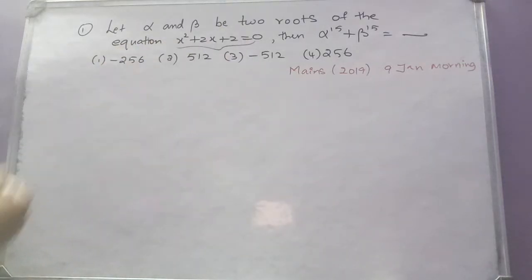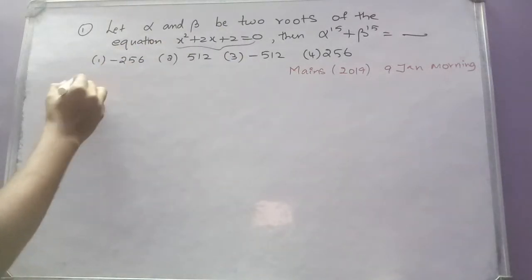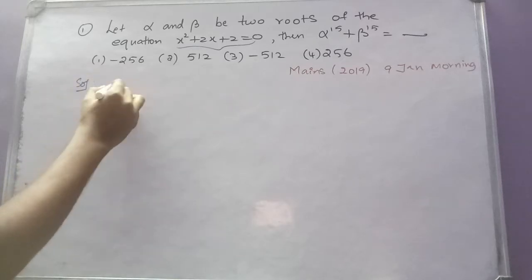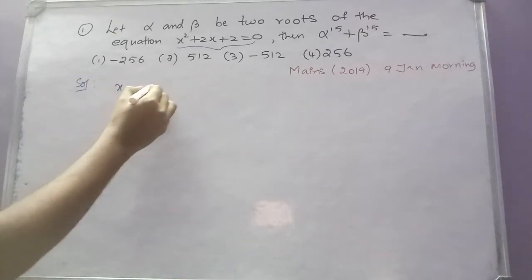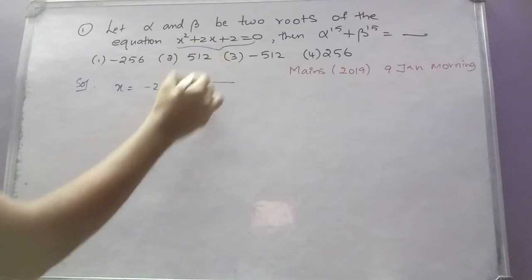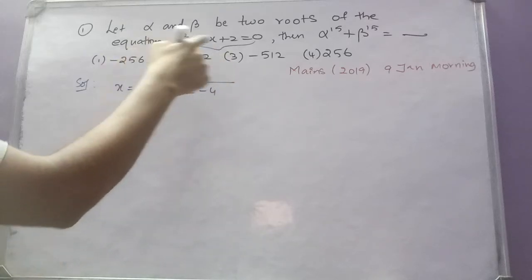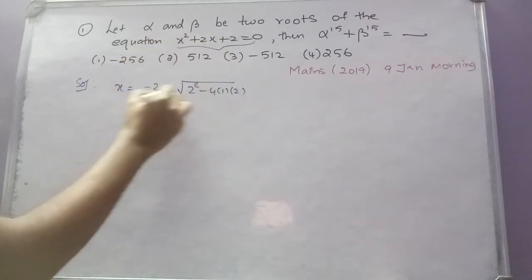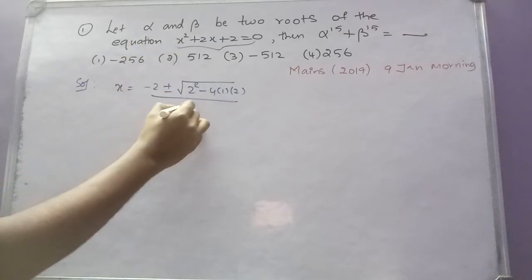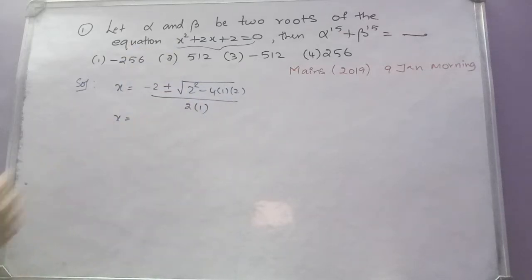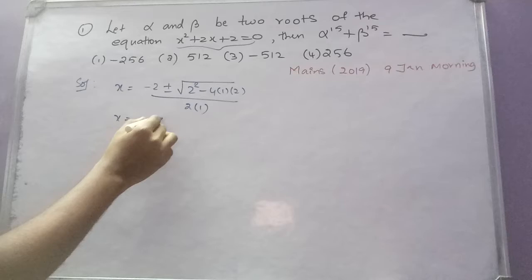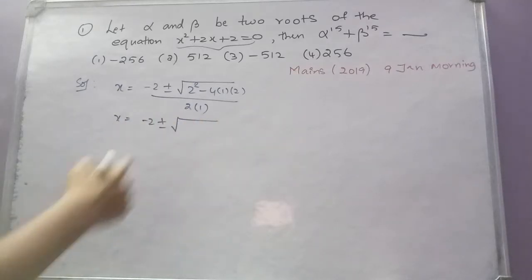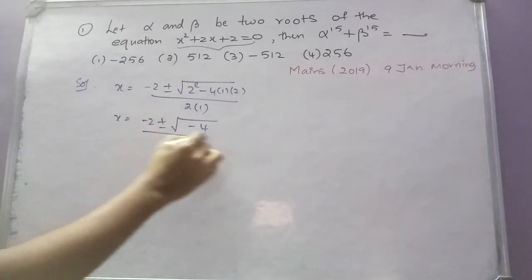It is easier to find using quadratic formula. So use quadratic formula and find the roots. Minus b plus or minus root over b square minus 4 into a into c, whole divided by 2 into a. Using quadratic formula, you'll get minus 2 plus or minus and under root, you'll get 4 minus 8, which is minus 4.